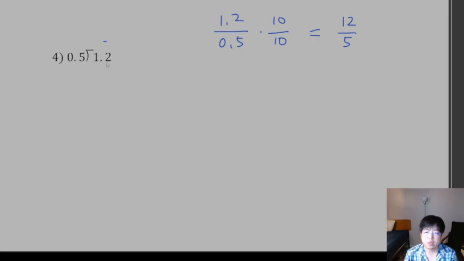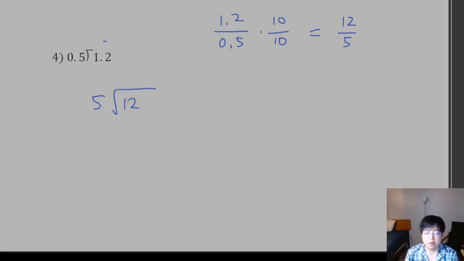So instead of doing 1.2 divided by 0.5, I suggest you do 12 divided by 5. The good thing is now we have integers. When you multiply the quotient part by the divisor part, sometimes when you have decimals at that point, it's gonna be more complicated than usual. So this will simplify your calculation sometimes. So I suggest this way.